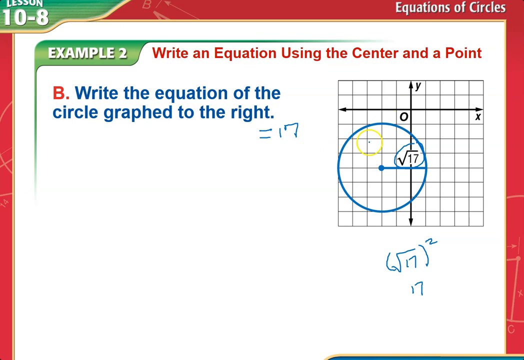Okay, it's also centered at negative 1, negative 2, and then go down 1, 2, 3, 4. So my center is at negative 2, negative 4. So we should be able to say then x plus 2 squared plus y plus 4 squared equals 17.